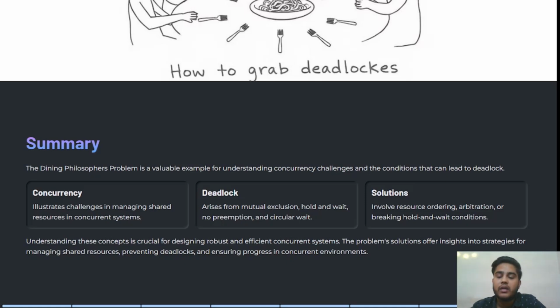Solutions involve resource ordering, arbitration, or breaking the hold and wait condition. Understanding these concepts is crucial for designing robust and efficient concurrent systems. The problem's solutions offer insights into strategies for managing shared resources, preventing deadlocks, and ensuring progress in concurrent environments.